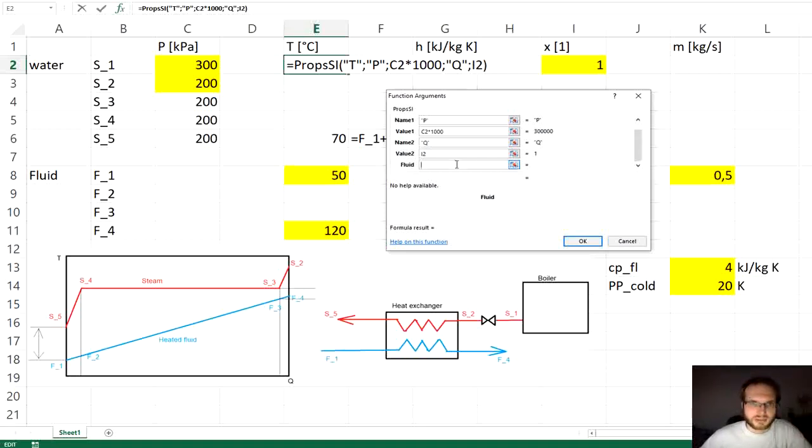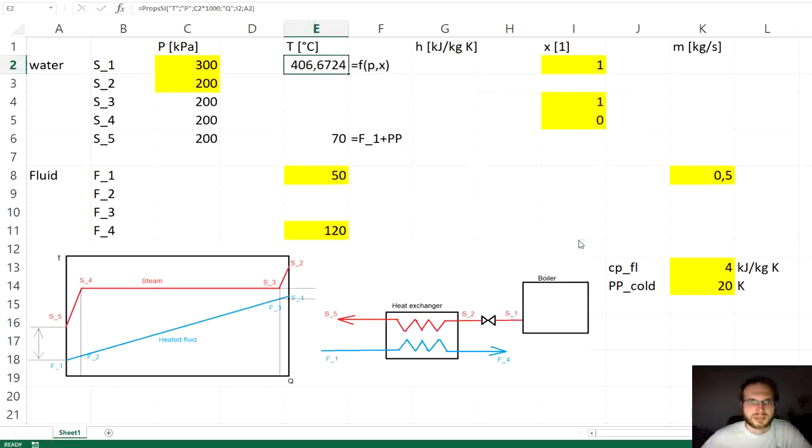And finally, we need to specify for which fluid we want to get those parameters, and our fluid is water, because it's water steam. So now we will get the temperature, but the temperature is in kelvins, so we subtract 273.15 and we get the temperature in degrees C. So this is the principle how to use the Coolprop, and from now on you can use it also yourself.